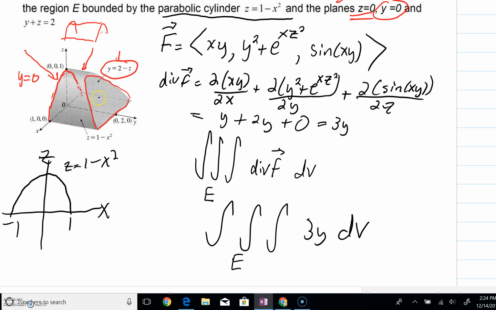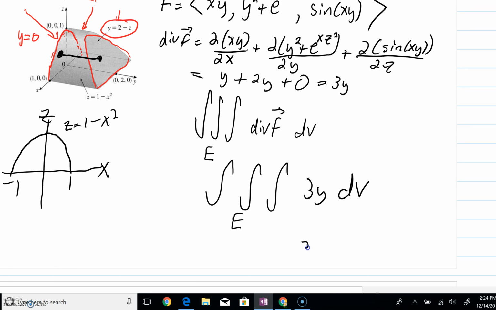This is a type 3 where your y could be thought of to have very definite boundaries. So if we were to immediately start integrating with respect to y, I hope you'd know that y would be spanning from y equals 0. The largest it could get up to would be this plane 2 minus z.